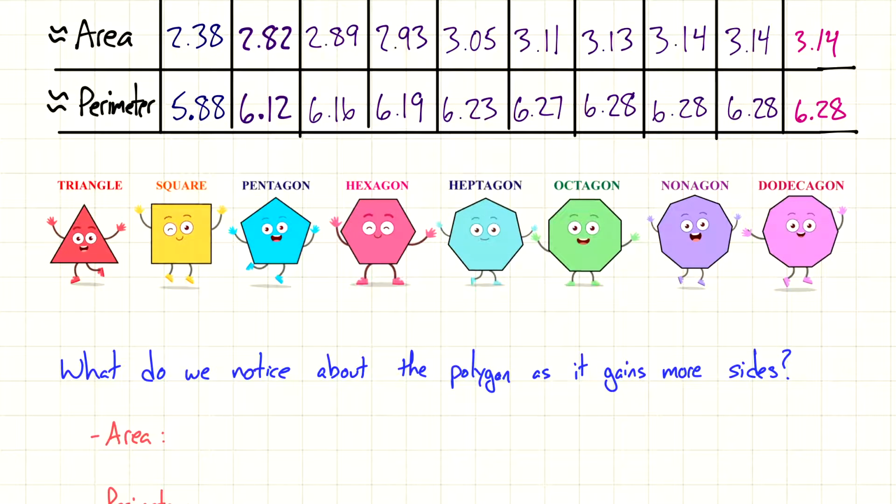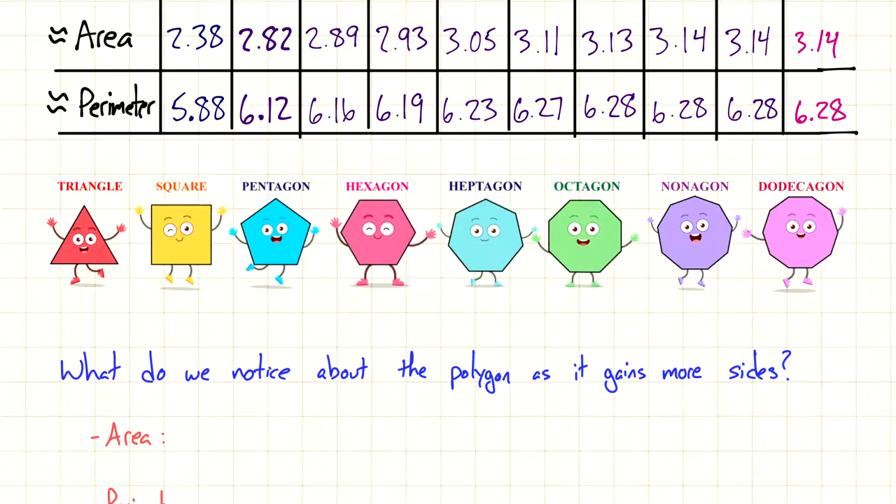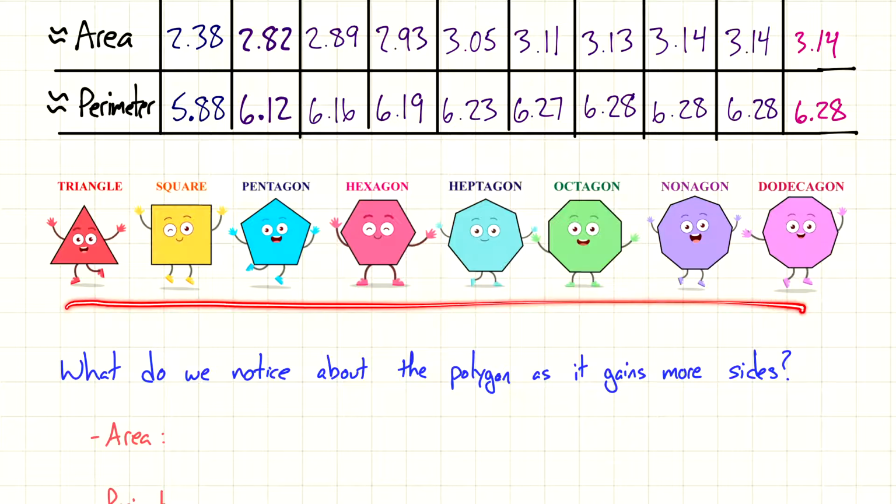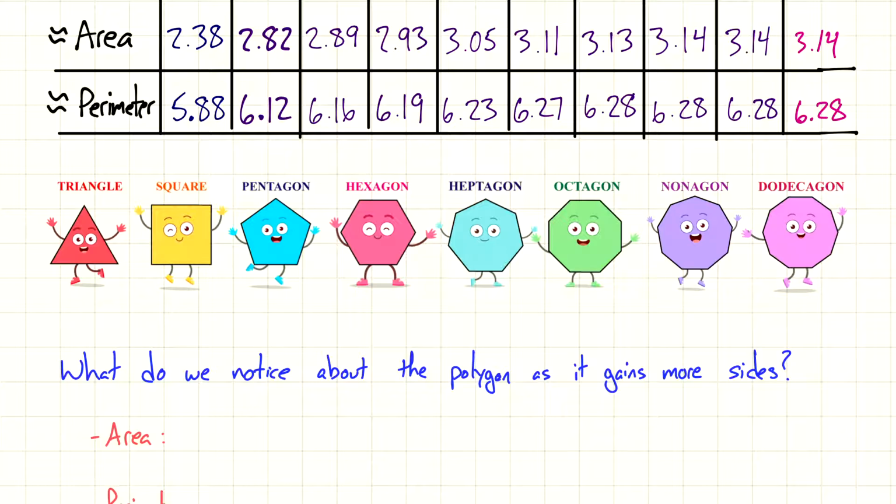Now, in addition to this table, I've given you some pictures for a reason. Really because I want to ask one question, and that is, what do you notice about these pictures as we increase the number of sides? How is it changing? The triangle has very sharp edges, right?